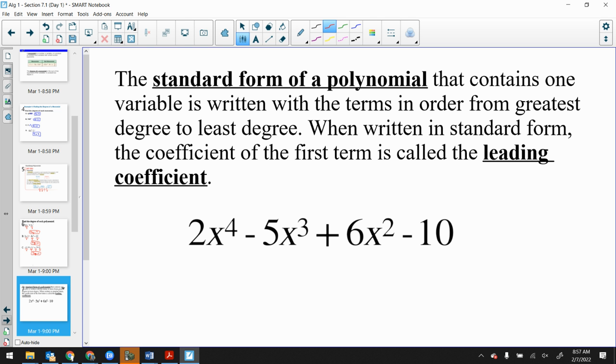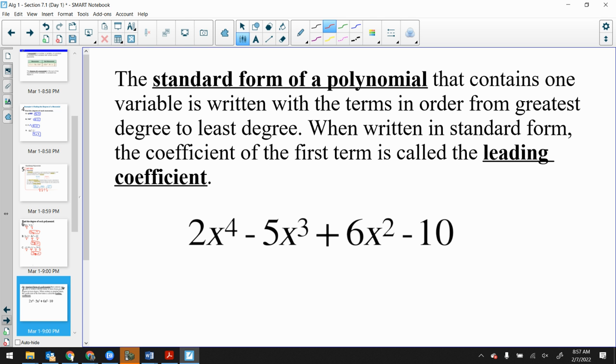Now, there have been many times when people ask me, does order matter here when writing it all out? And I've said, no, not at this point. Now, order matters. When writing answers in standard form, order matters.